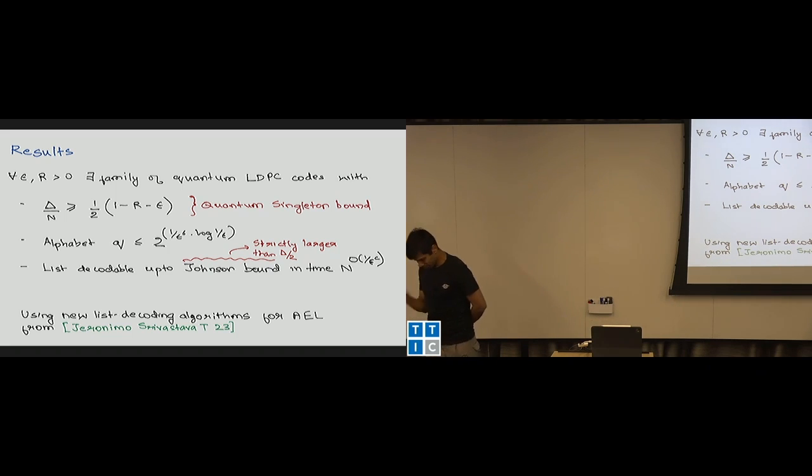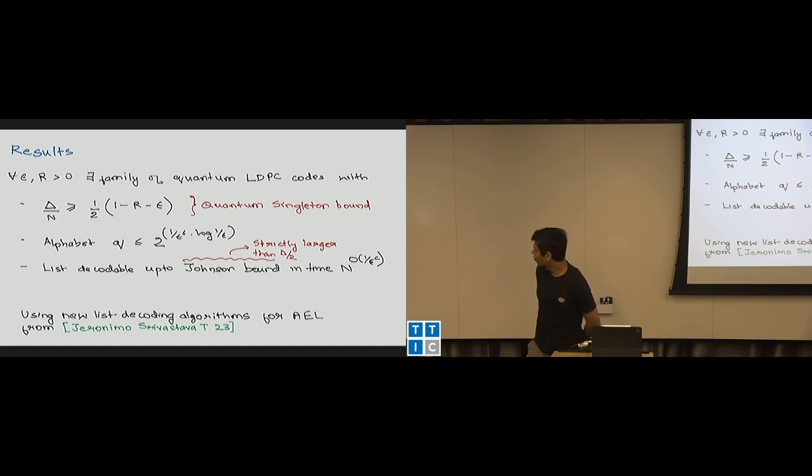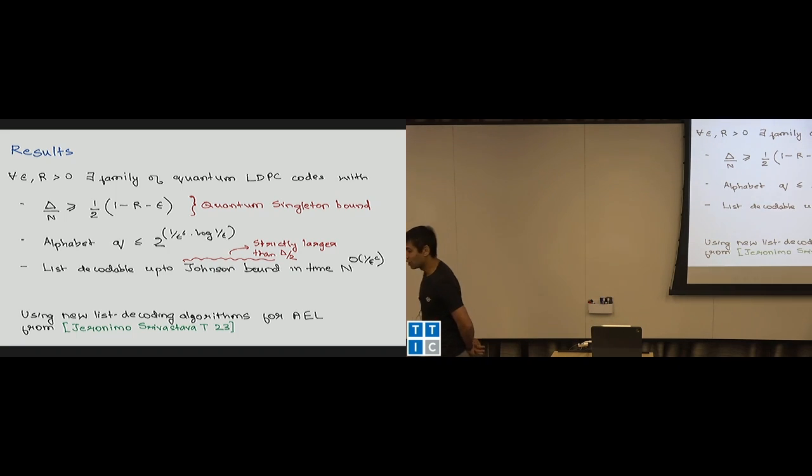But for every epsilon and every rate parameter r that you are interested in, think of both of them as between 0 and 1, there is a family of quantum LDPC codes where the distance is very close to the quantum Singleton bound, which is half of the classical Singleton bound. The alphabet depends on how close you want to get to the Singleton bound, and this is something inherent in AEL kind of applications.